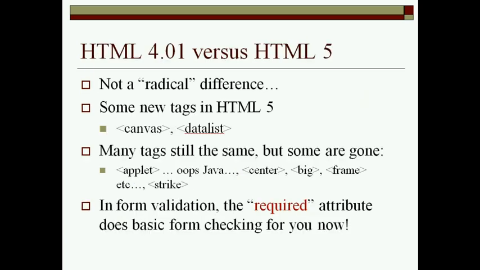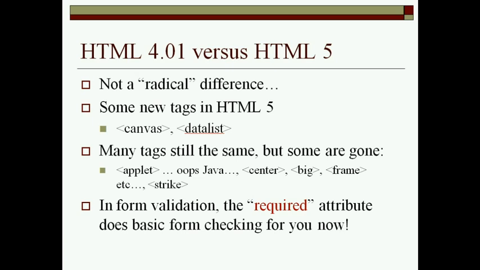We are now in HTML version 5, and there are some minor differences between version 5 and the previous version 4.01. The differences are not that big. There are some new tags in HTML5, such as, for example, canvas, that allows you to draw, datalist, which helps the inputs by allowing a user to select from a drop-down list for inputs.